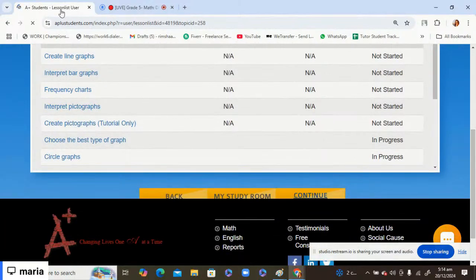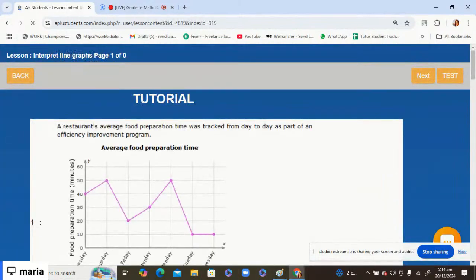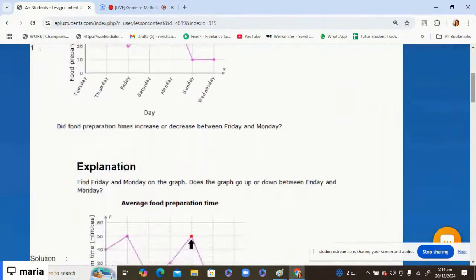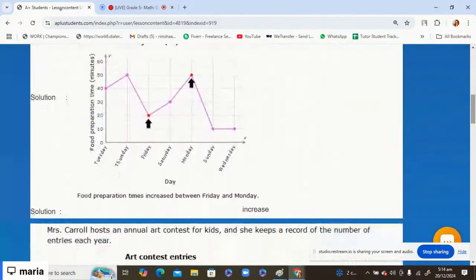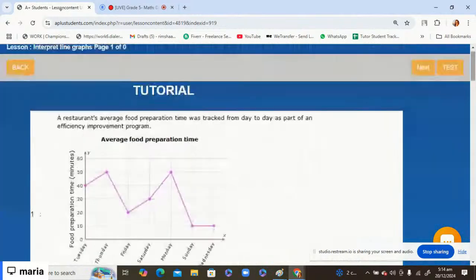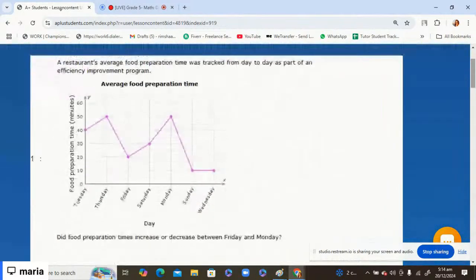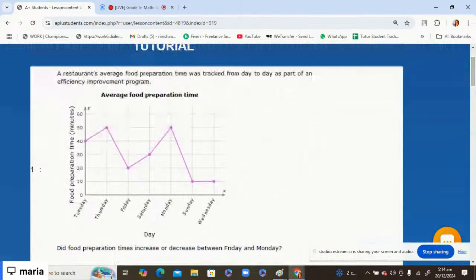Interpret the line graph. All right. A restaurant's average food preparation time was tracked from day to day as part of an efficiency improvement program.